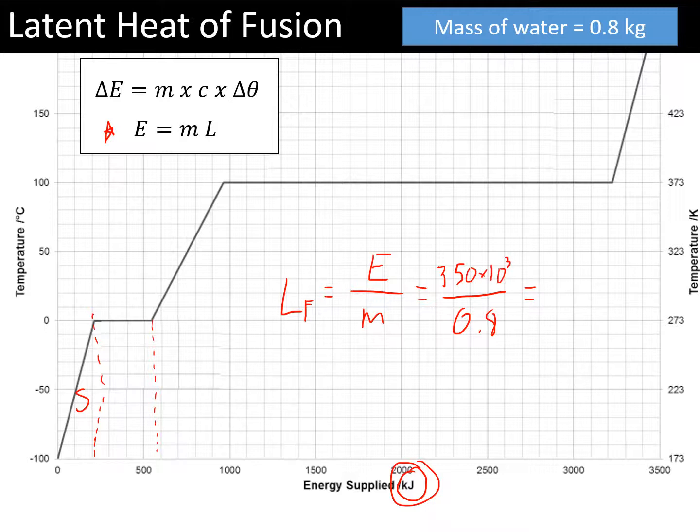And if we type that into the calculator, 350 kilojoules or 350,000 joules divided by 0.8 kilograms gives me a total of 437,500. And the units here will be joules over kilograms, so it will be joules per kilogram. So 437.5 kilojoules per kilogram.